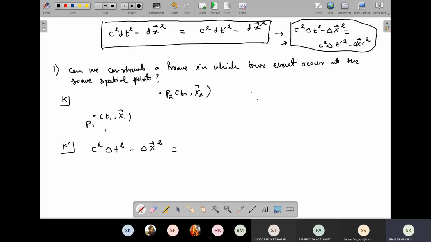Now we want a frame in which these two events occur at the same spatial point. That means in the prime frame, delta x prime must be 0, right? So I should equate this with c square delta t prime square. When can we do this kind of thing? When the quantity on the left hand side is greater than 0.